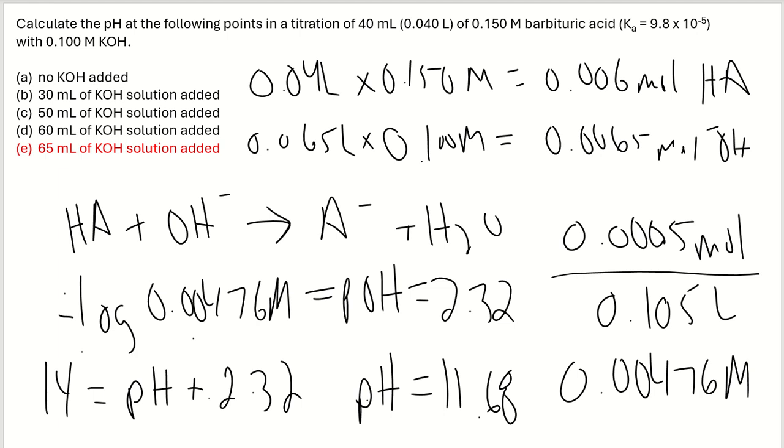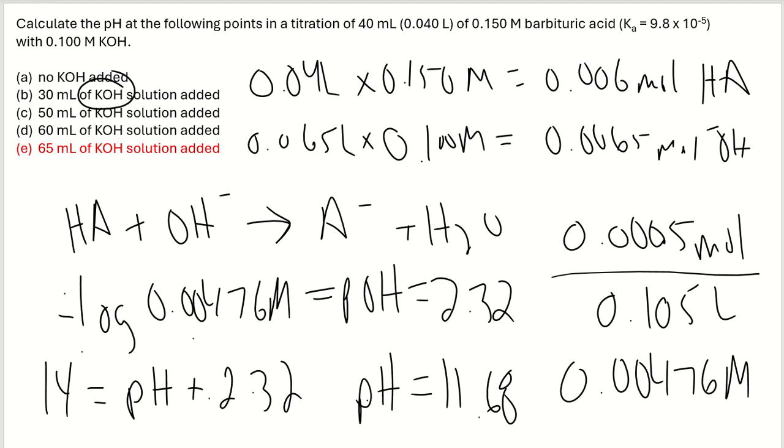If you start adding KOH or the base, you want to figure out the moles of each. As long as you don't make it to the equivalence point, you can do the Henderson-Hasselbalch equation, keeping in mind any hydroxide added is going to be converted to A minus, and we need to subtract that from the initial HA, or the acid to begin with, to get the new HA value.